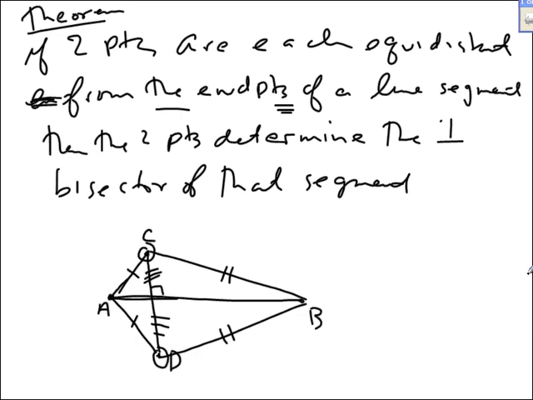So let's do this again. This is important. So you have a line segment, and I pick 2 points that are equidistant between both ends of that line segment.